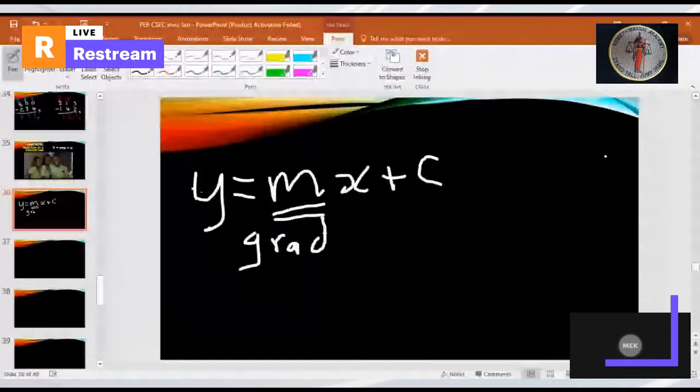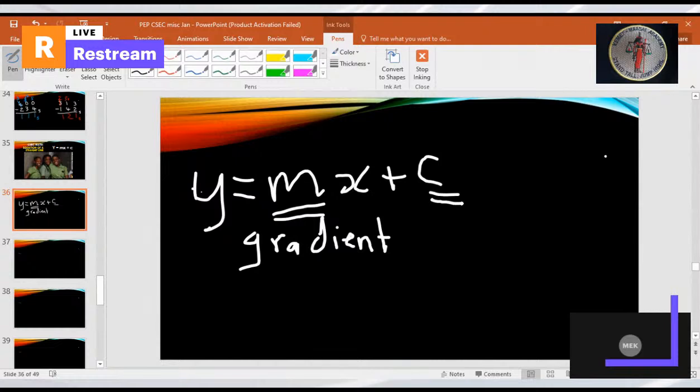It is the coefficient of the x term, the number in front of the variable. Looking at the equation, you can tell that this number is the gradient of the line.